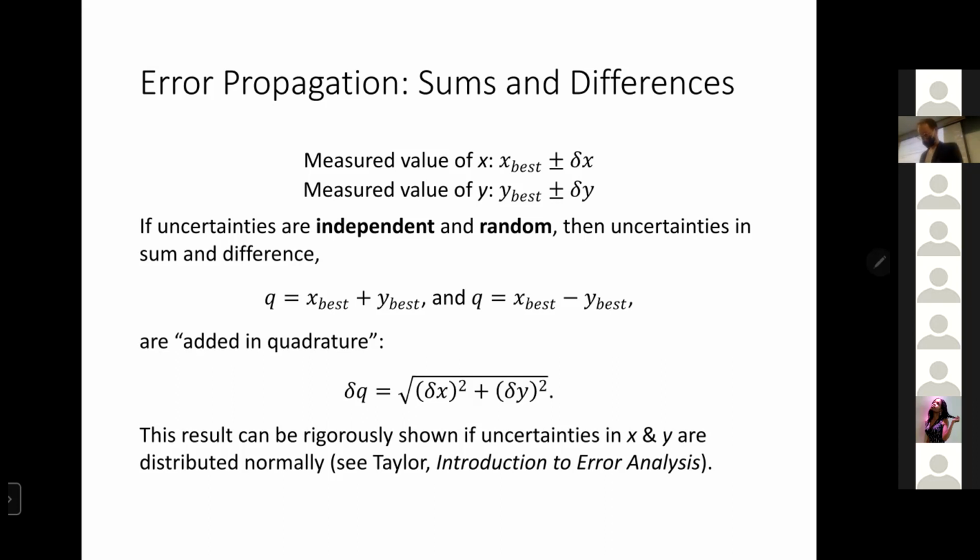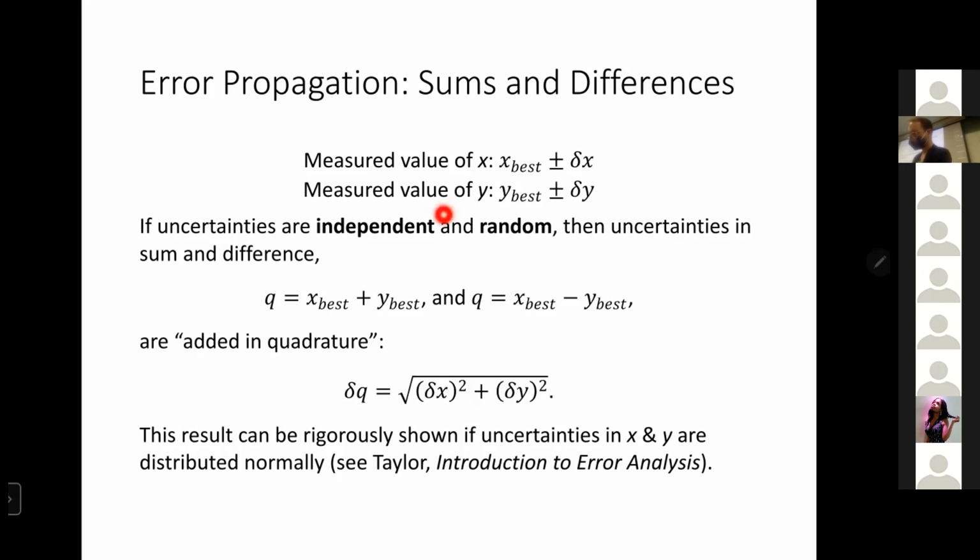Okay, so often you do an experiment where you might be measuring two different values, and then you have to calculate some other value as a function of these two measured values, both of which have uncertainty.